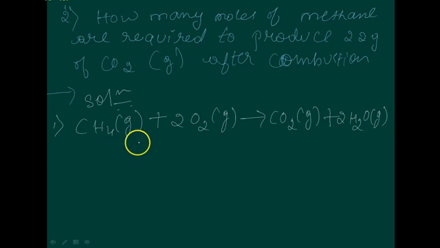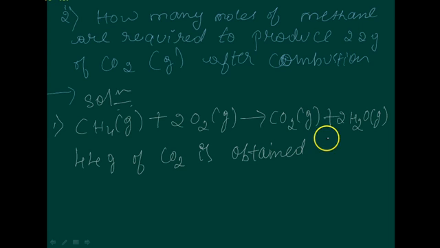So here 44 gram of carbon dioxide is obtained from 16 gram of methane.